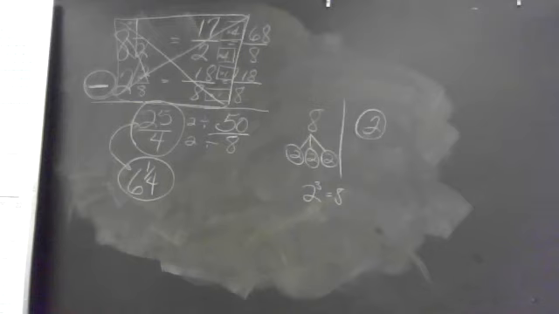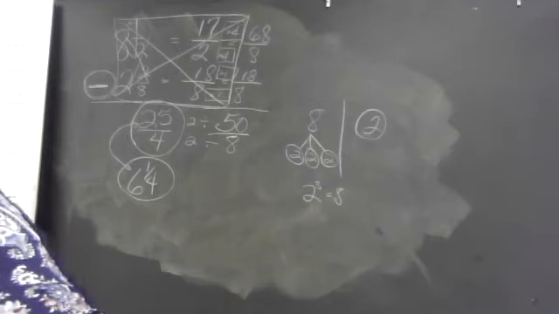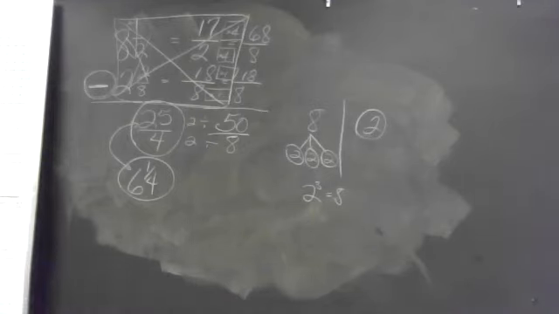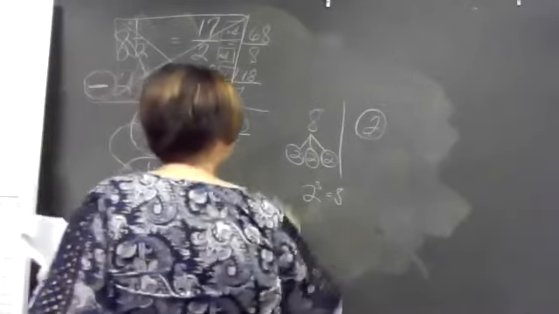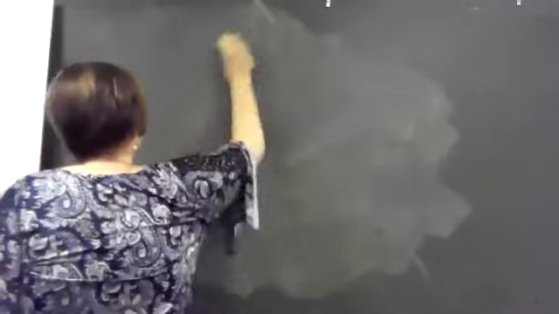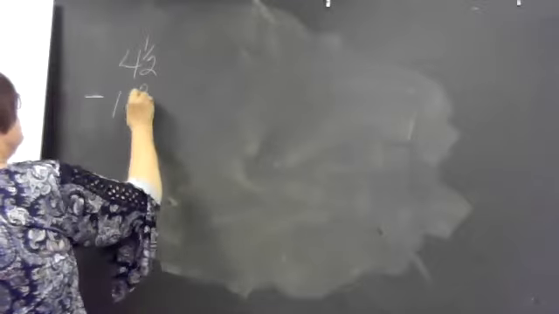You can go on breaks. Let's work page, or what number, Sherry? 8. Page 21, number 8. So we have 4.5 minus 1 2/3.